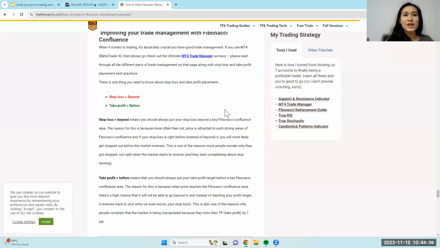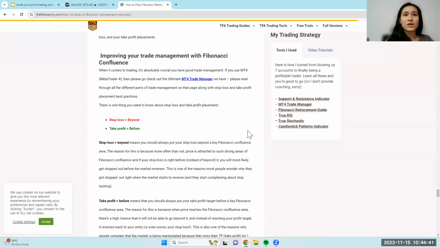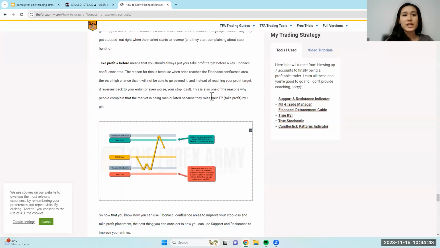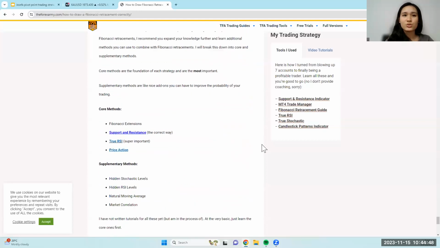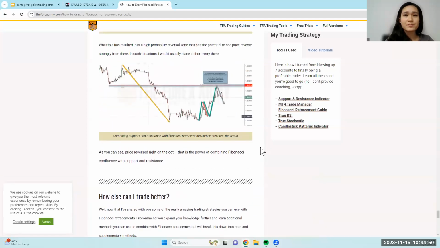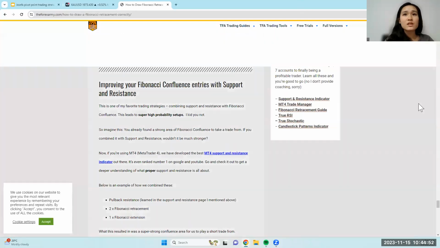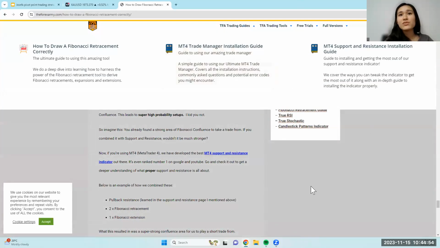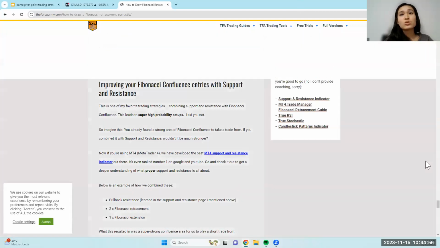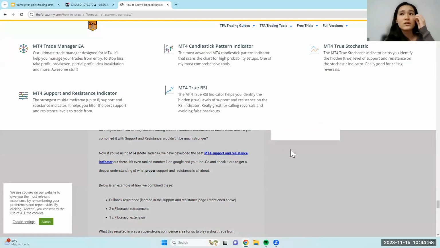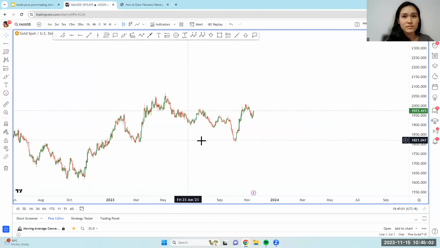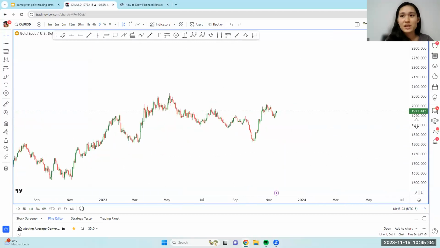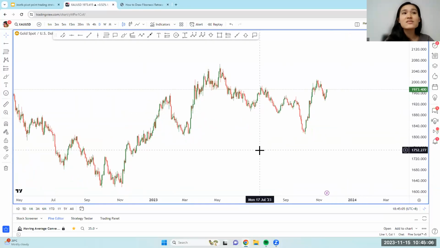It has a bunch of trading techniques and trade management advice, and if you're new to trading, you can take a look. There are also some MT4 guides and tools that you can download for free. Okay, let's get back to our charts.